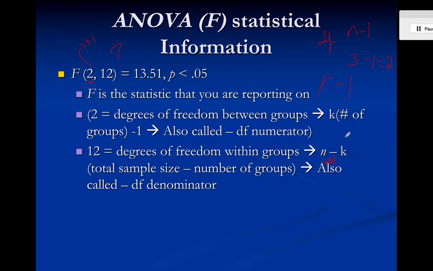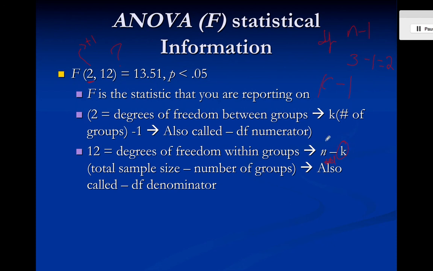And technically, you are. And the reason for that is because k refers to the number of groups. So in other words, we took n minus 1 for group 1, n minus 1 for group 2, and n minus 1 for group 3, because we had 3 groups in our particular case. So here, in reality, we are taking n minus 3 because we had 3 groups.